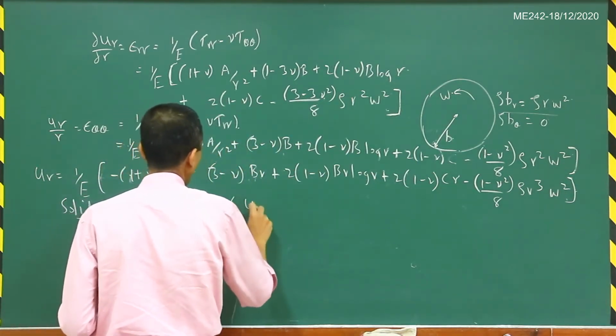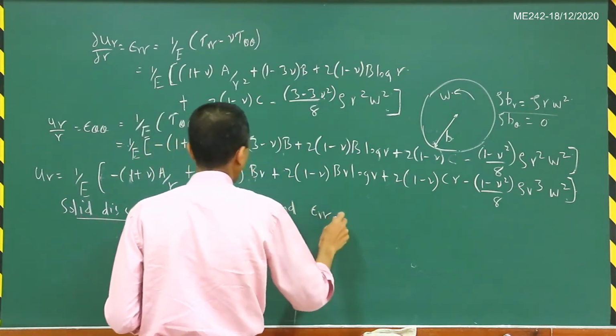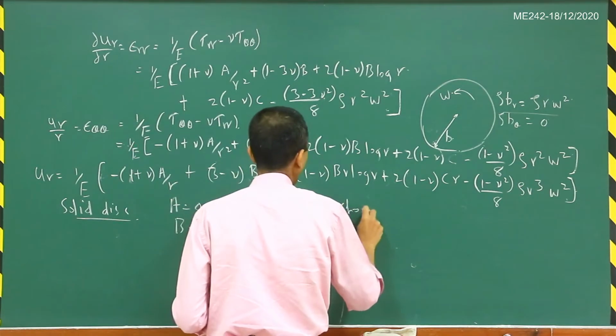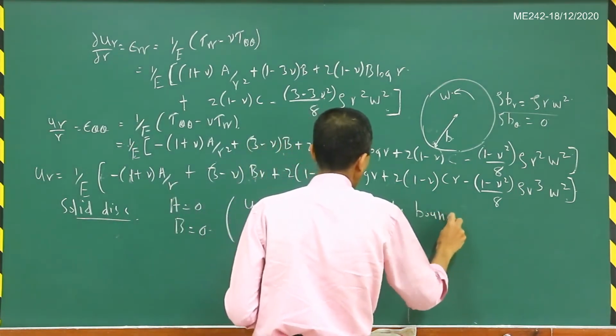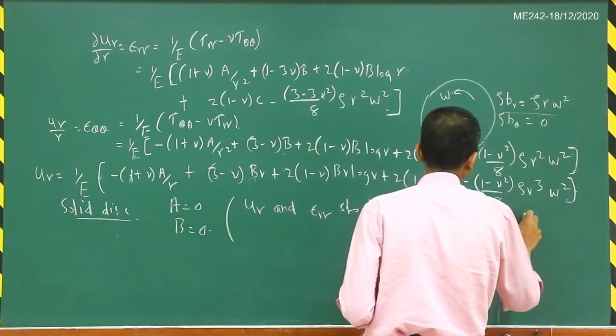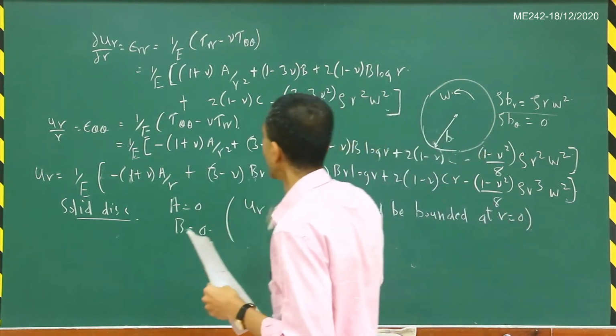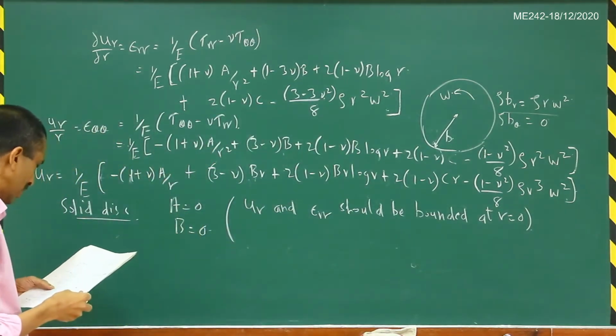So U R and epsilon RR should be bounded at R equal to 0. This is the reason why we need A equal to 0 and B equal to 0.